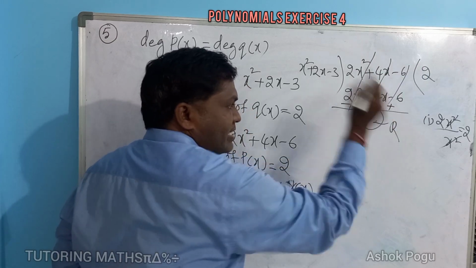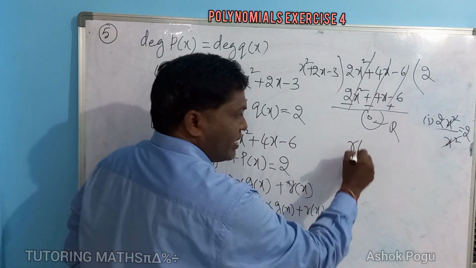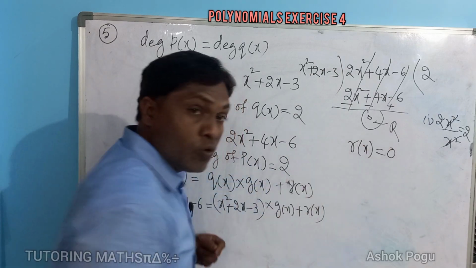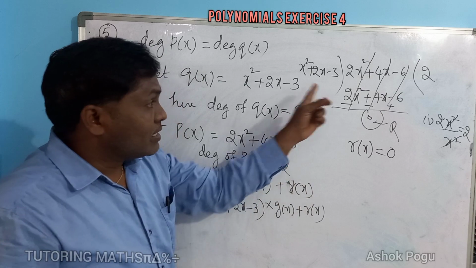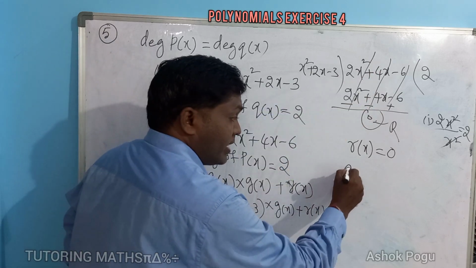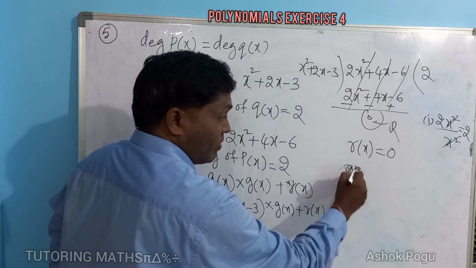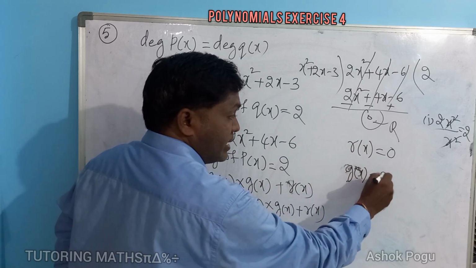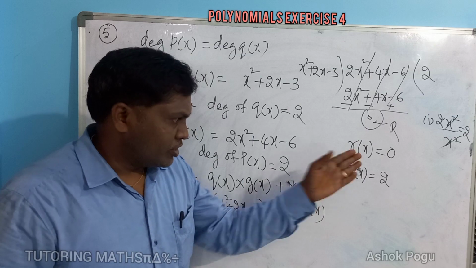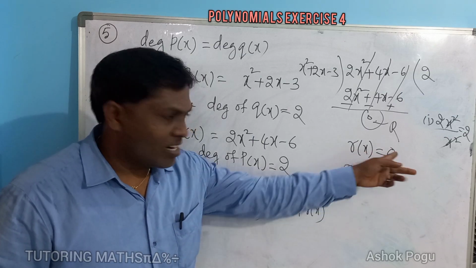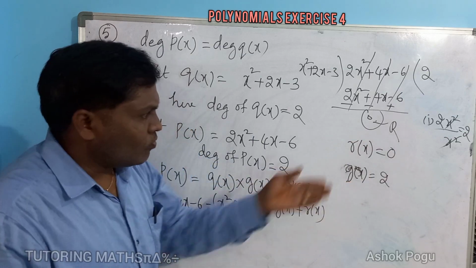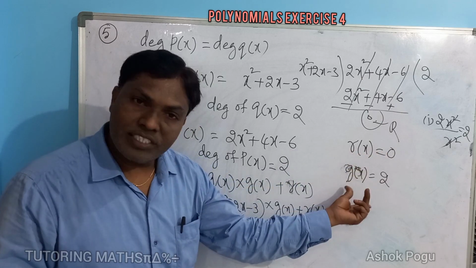The remainder is 0. R of x is 0. It means, and what is the q of x? Then g of x is 2. Here g of x is 2 and r of x is 0. So we found r of x and g of x.